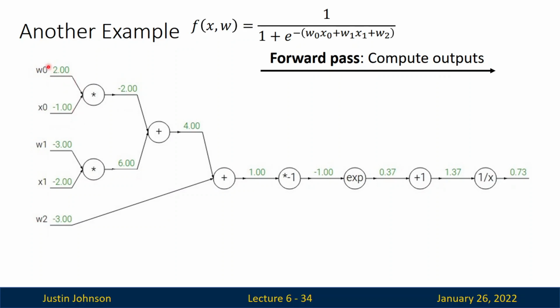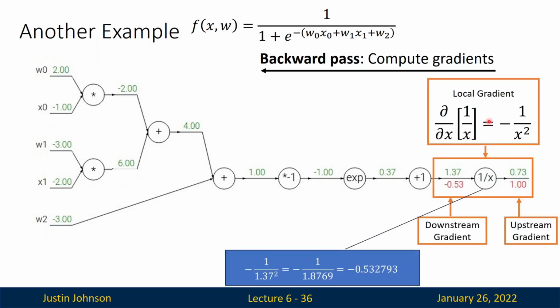From those parameters, we can calculate the x value. And okay, now let's see what the backward pass will do. So df is 1. Then the first local gradient is the inverse function, and the derivative of an inverse function is like this.